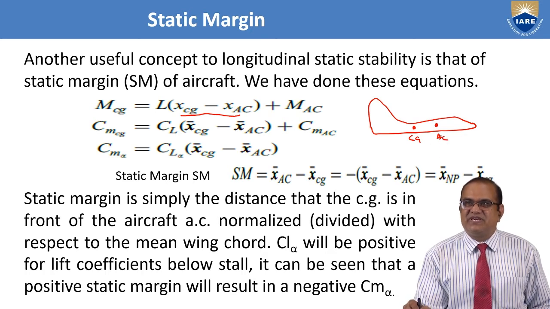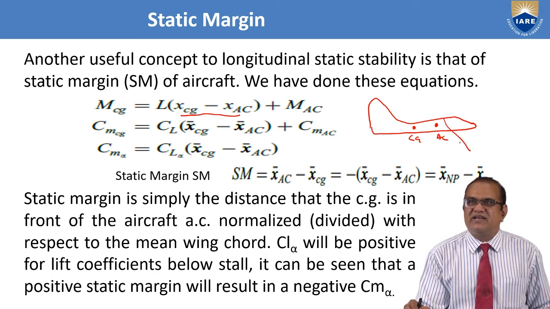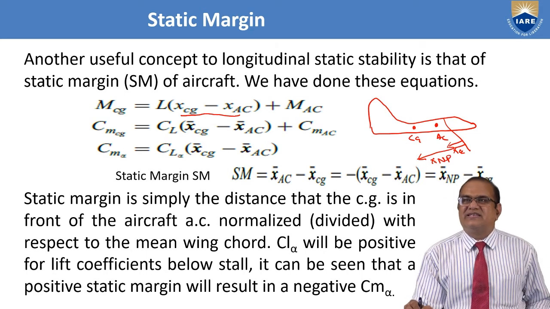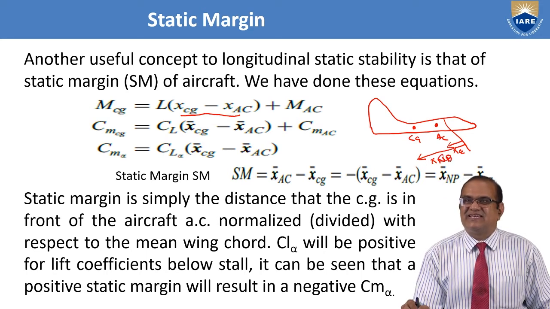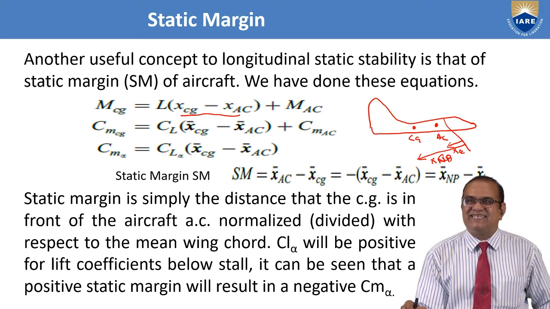The distance from here is XAC, and from here to here is XNP. So XNP minus XCG is equal to the static margin.